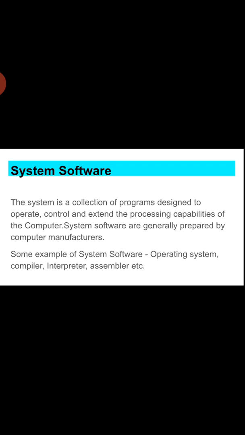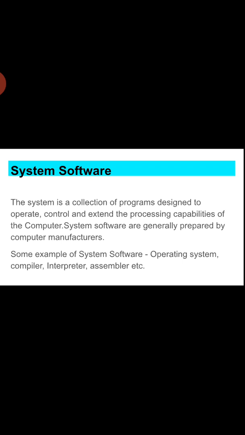The system software is a collection of programs designed to operate, control and extend the processing capabilities of the computer. It controls all the processing of your computer system, and system software is generally prepared by the computer manufacturer.